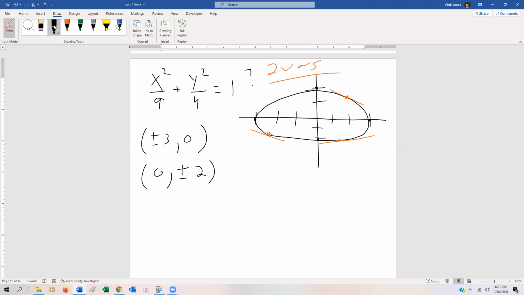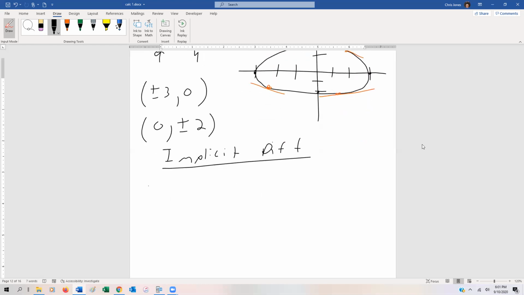So when we have two variables and we can't isolate one of the variables nicely, we use this idea of implicit differentiation. Implicit differentiation is used when we can't isolate, so we can't solve for one variable nicely.